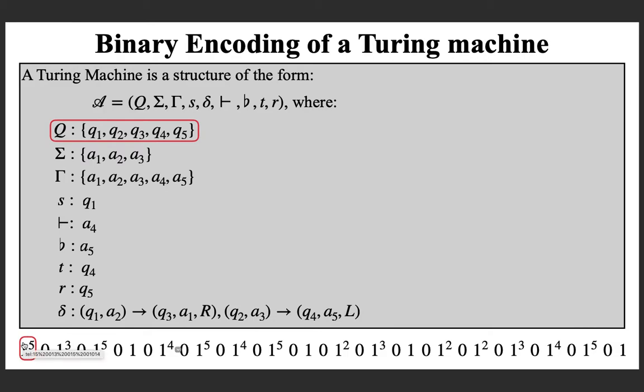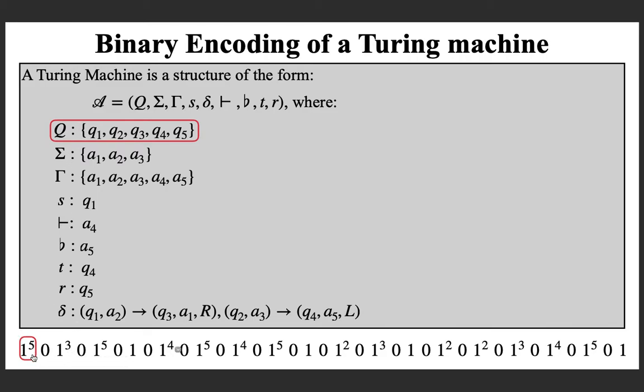Then it says the states are going to be represented as 1, 11, 111, 1111, and 11111. So just the number of elements of a set is enough. That is the first component, and the successive components are separated with a 0. The only use of 0 is to delimit 2 components in the definition.